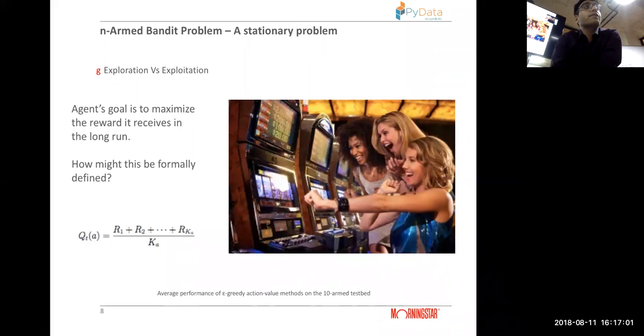But exploitation means I'm going to take greedy action. Say I just play on a machine which gives me small rewards, but it gives me rewards, and there is another machine which might give me a once in a blue moon kind of reward, but I don't know if it is going to happen with me or not. So I just go and take the greedy action. Greedy action is taking the action which gives me the highest reward.